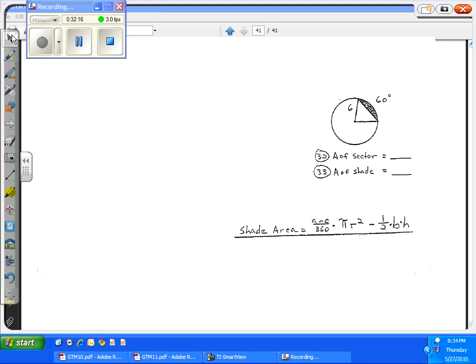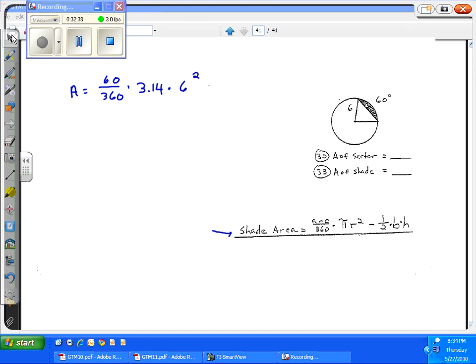Okay? So we're going to start plugging into this formula. Area is equal to arc measure 60 over 360 times pi, which is 3.14, times the radius, which is 6 squared.